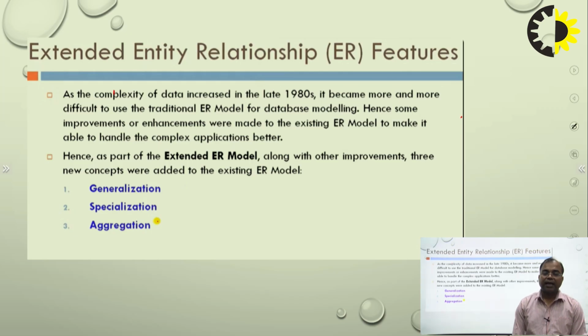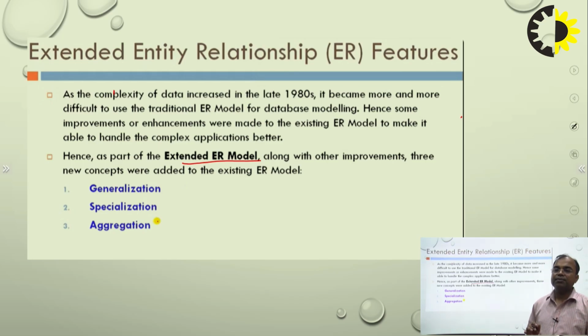So, as a part of the extended ER model, along with other improvements, we added some new concepts to the existing ER model. We were already using ER models, but we were not able to solve some complexity in them when creating an ER diagram for a database.